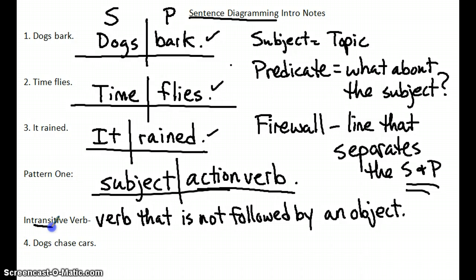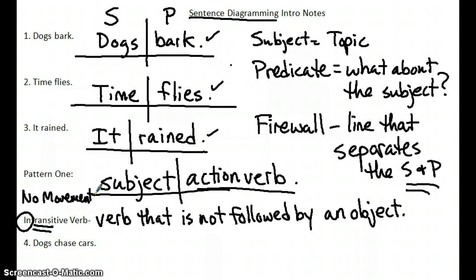Remember, trans is movement. In is not. So in other words, there's no movement. There's no transfer from the subject to an object. Okay? Intransitive verbs.